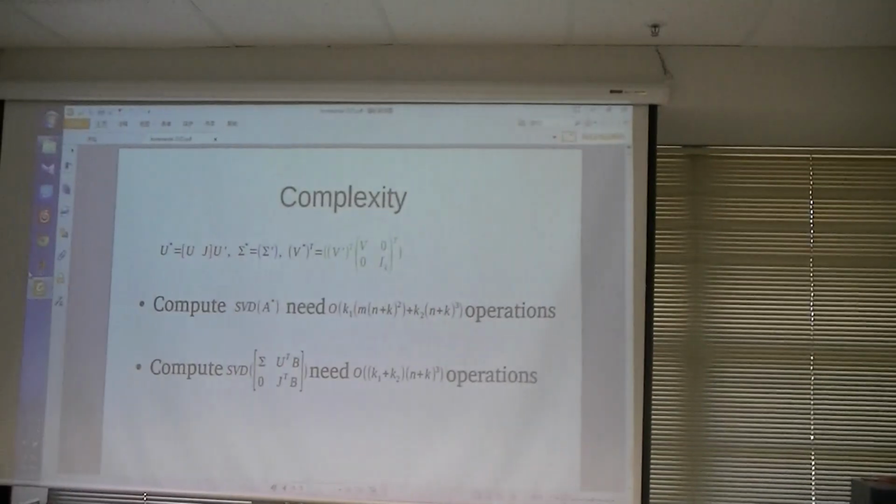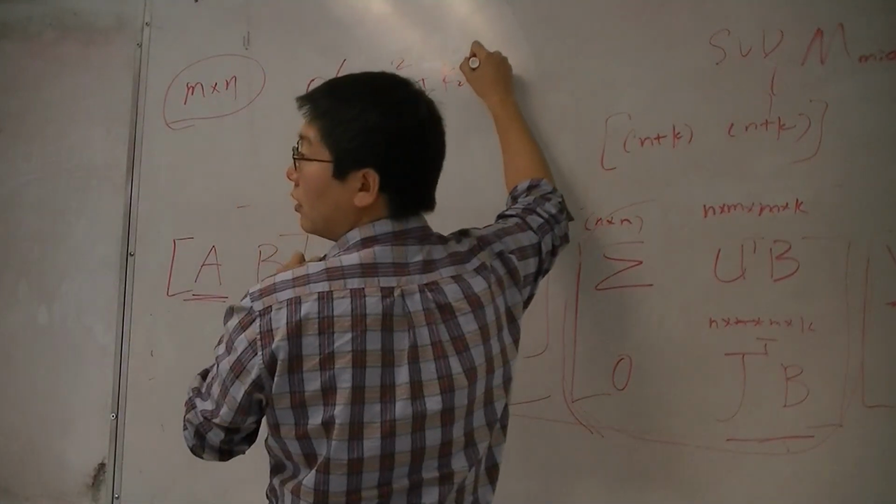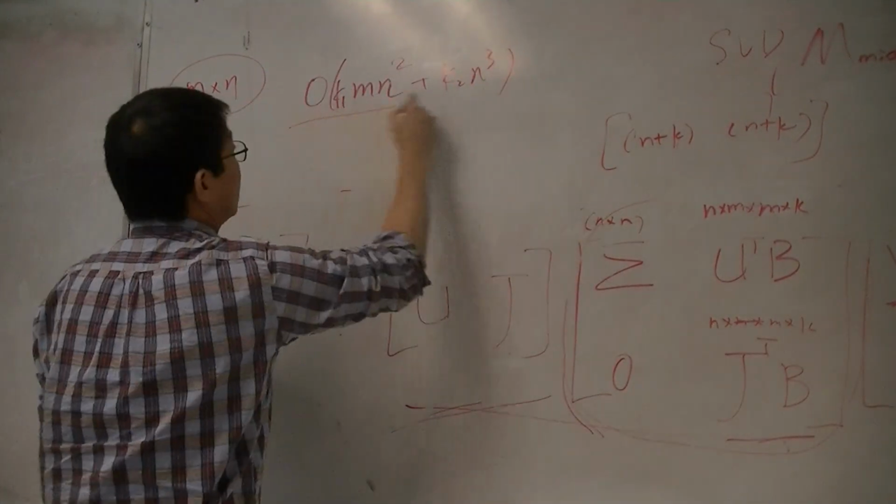For the complexity, I didn't get the details, but in some books it says for a matrix of m by n, the fastest calculation will be proportional to k1 m n squared plus k2 n cubed, something like this.